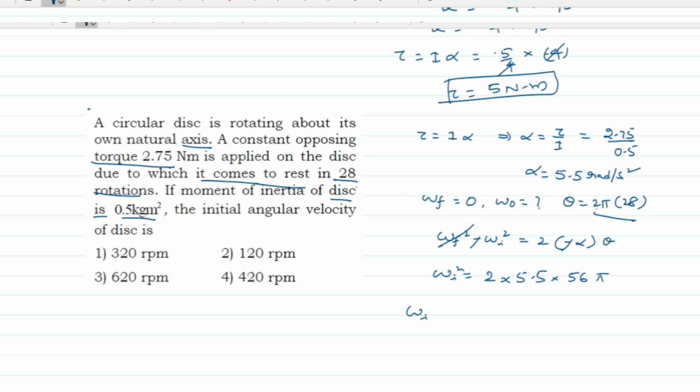Then here omega initial, you just calculate, students. 2 into this 5.5, I am writing as 11 by 2, into 56, into, here this pi value again you can take as 22 by 7.